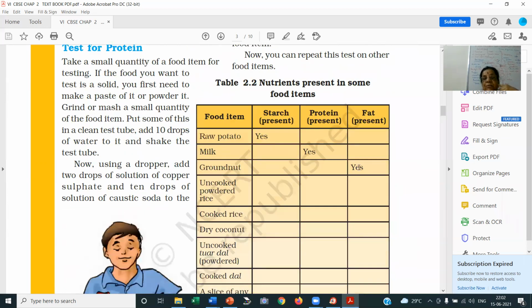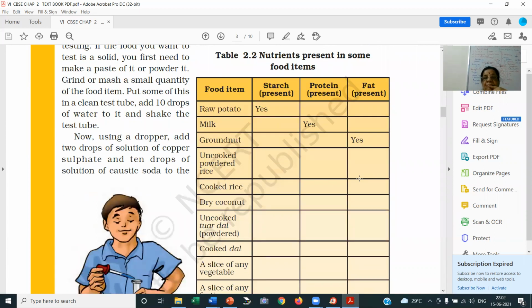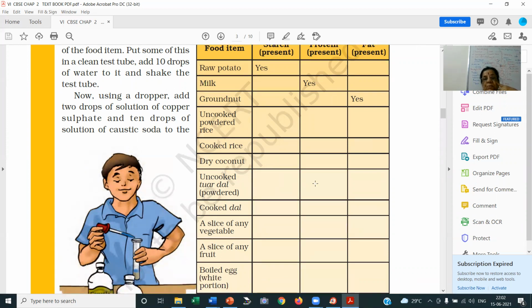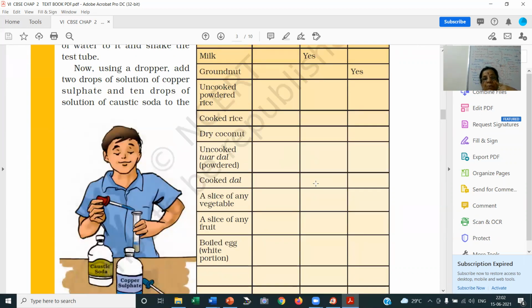And then try to fill up this table. I have given it in the question bank. I hope you understand. So raw potato, starch present; milk, protein; groundnut, fat. Again uncooked rice, starch; cooked rice, starch; dry coconut, fat; uncooked tur dal, protein; cooked dal, protein.